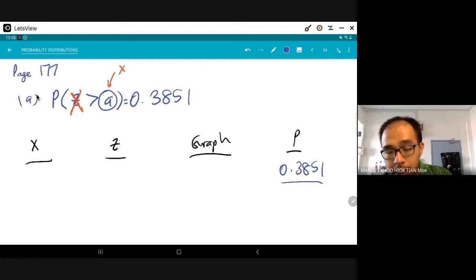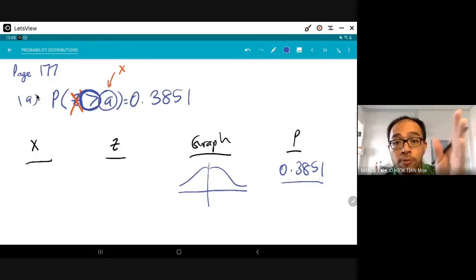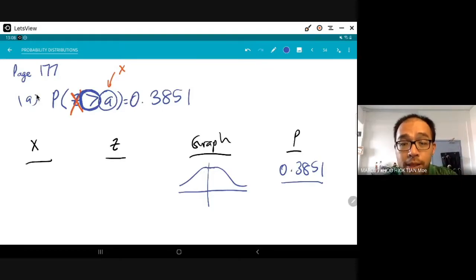The probability is 0.3851 and we want a more-than situation. Which side should we shade? Probability is 0.3851 and we want more. Which side of the graph? Where should my line be? This is probably the most difficult part of using this normal distribution.